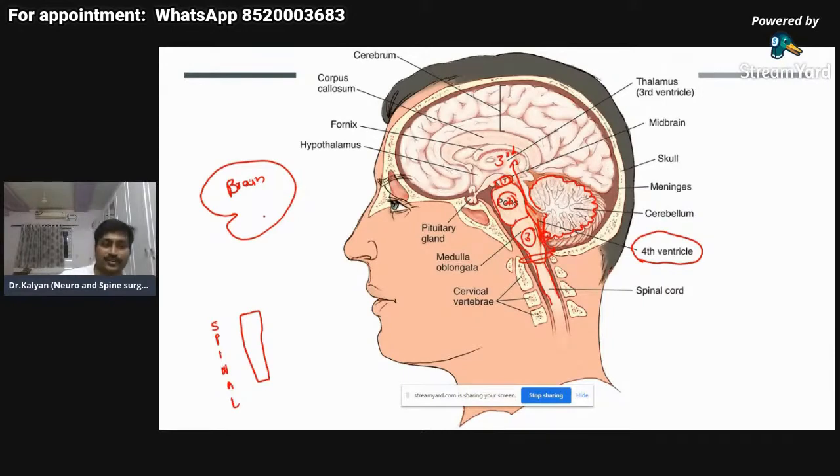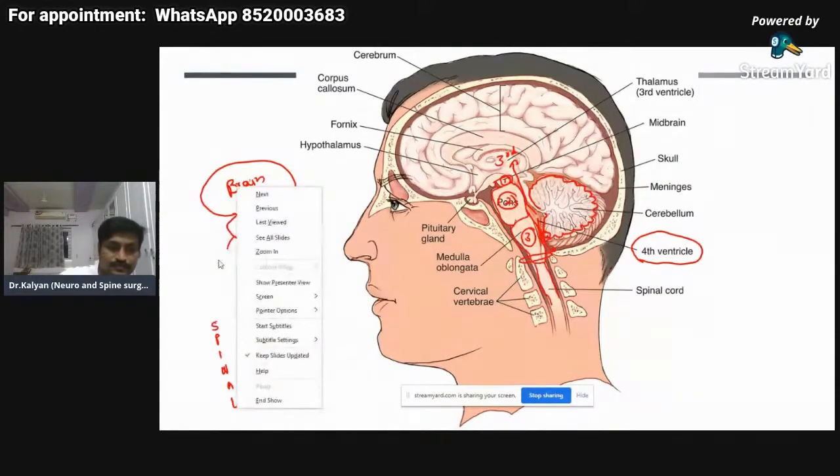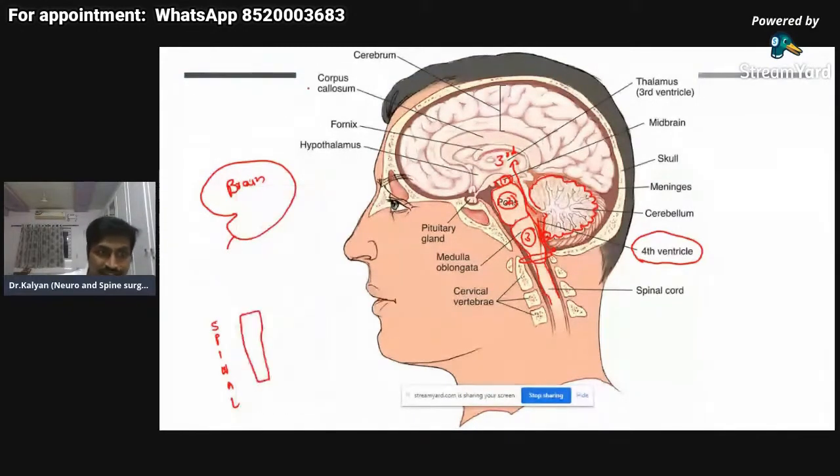The brainstem connects the brain to the spinal cord. Let me draw the brainstem. Am I clear? This brainstem has three portions: midbrain, pons, and medulla oblongata. Behind the brainstem, we have the cerebellum.